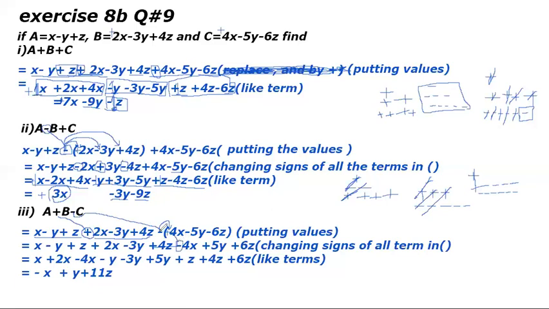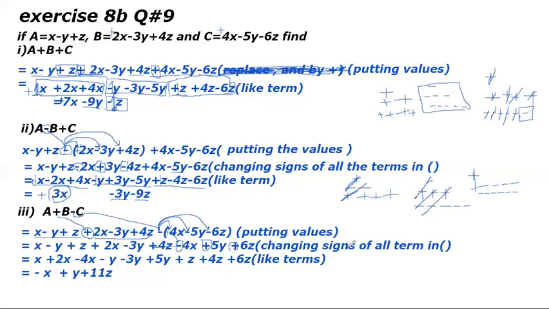Now again this negative sign is multiplied by this negative sign. Negative into negative will give us a positive sign, positive 5y. Again this negative sign is multiplying by a negative sign. Negative multiplied by negative gives us a positive sign, positive 6z.